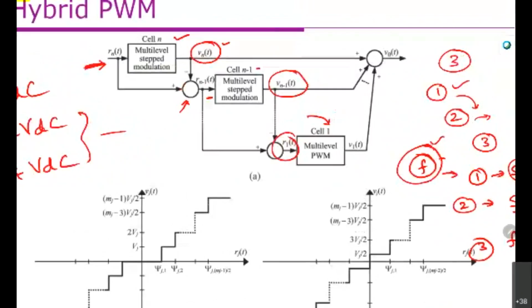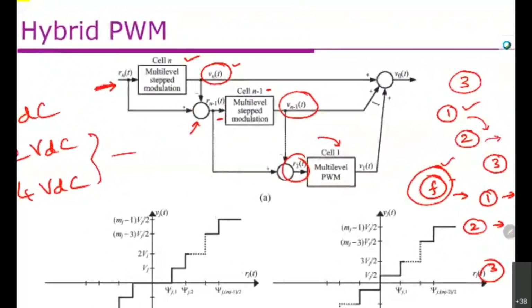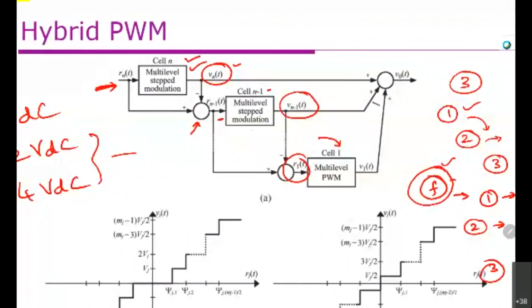The first one is operating with the remaining modulating signal, the second one is operating, and this will continue, and the last one is operating with whatever remains. We are adding the outputs of all H bridges, and this is the combined output.